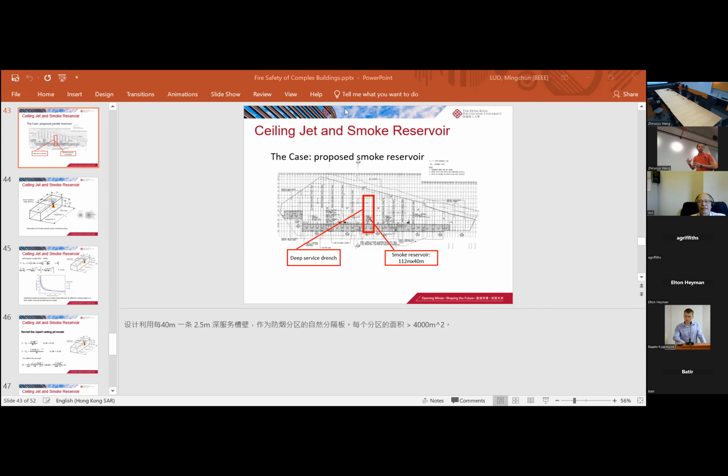So are we actually capturing that in our safety factors, like the 1.2 safety factor that we have mentioned? Does that take into account these kinds of obstructions which can have an effect on the movement of smoke?